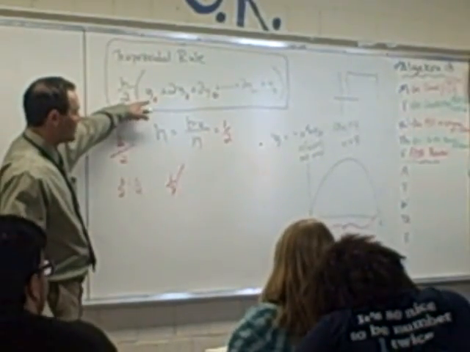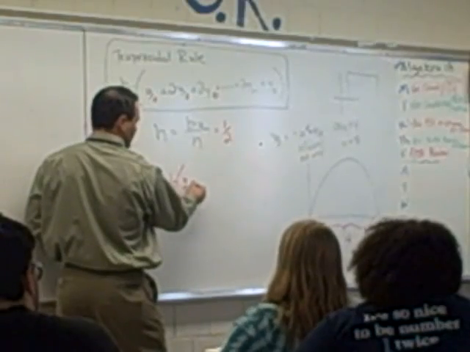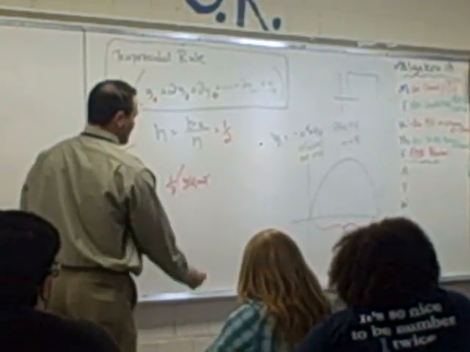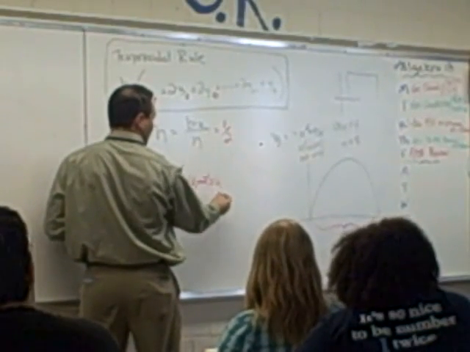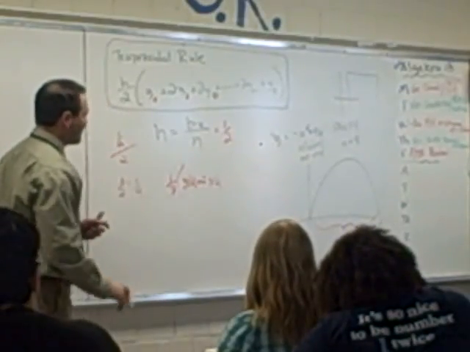My first y value, in this case, is y of 0, plus 2 times y of 1/2, because we're going up by 1/2 every time.